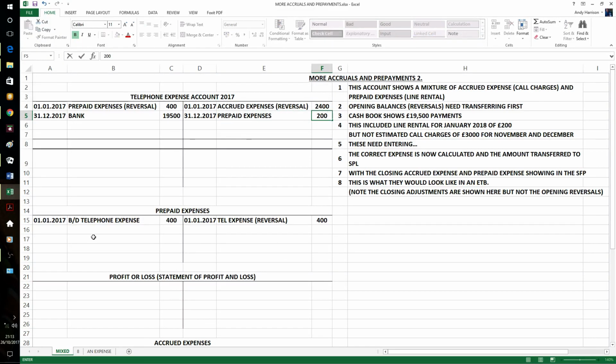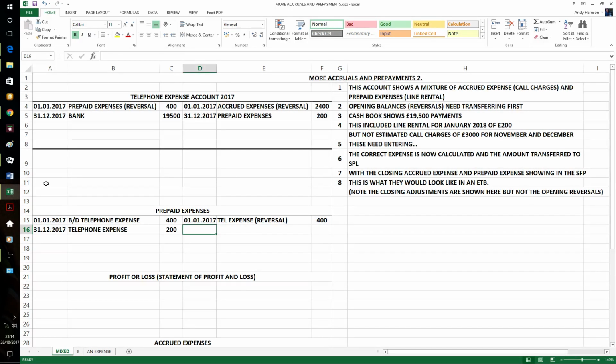One credit entry, and that will be carried down, brought down, sit as a current asset in our statement of financial position.